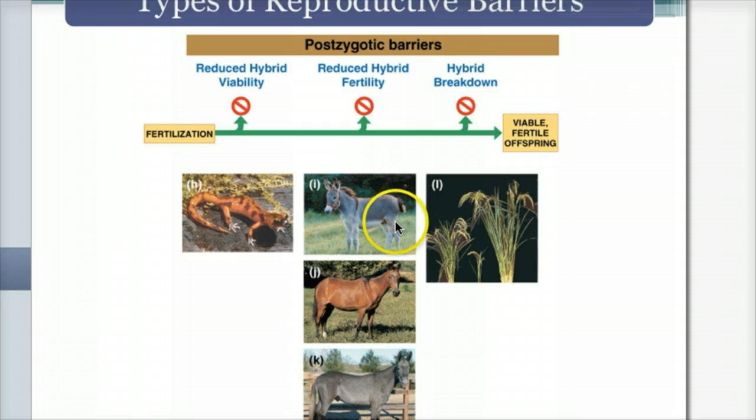If you don't have hybrid fertility, if you don't have a mix of genes like male and female, you could get mutations. And if you get these mutations, like the short horses, or here a small vegetation, they're not going to grow into viable, fertile offspring. So one barrier after fertilization is to make sure there's hybrid viability, fertility, and breakdown.